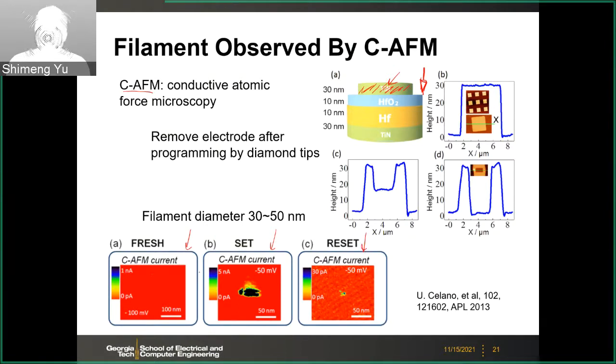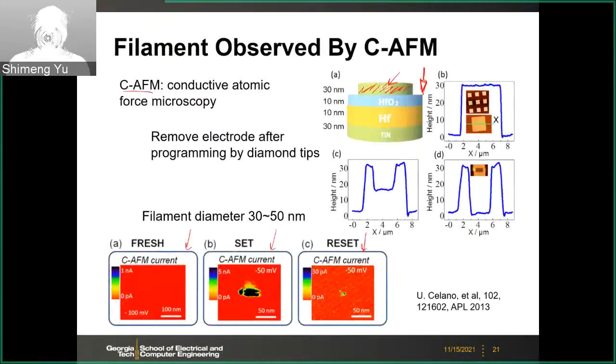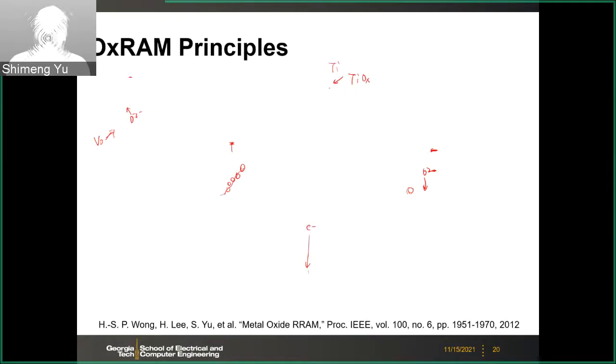So for the fresh sample, you see that the red color means very low current, like 0 picoamp. So basically it's insulating. Fresh sample, you don't have any filament. And after the set process, if you scan the surface, you see this localized region right here. This is high current, like 5 nanoamp compared to the picoamp range. So that means the filament is formed in this region.